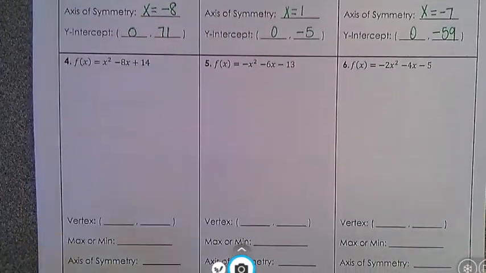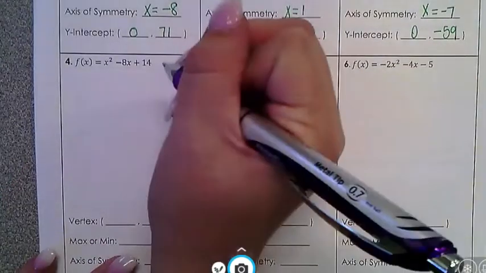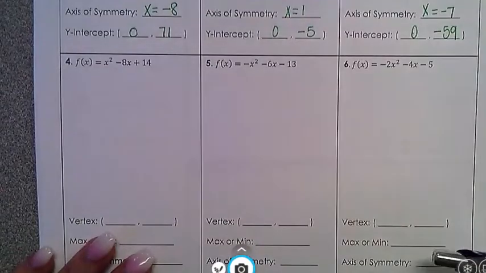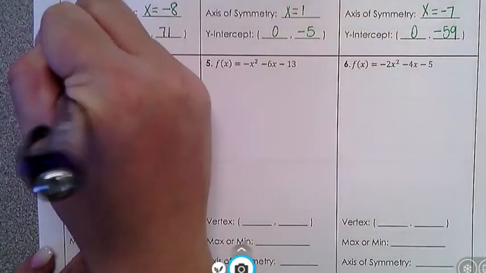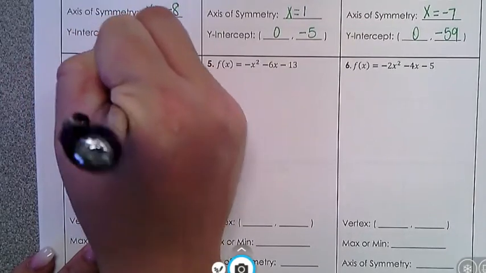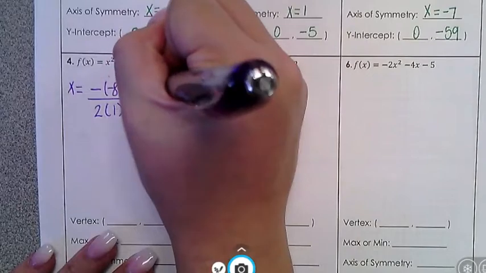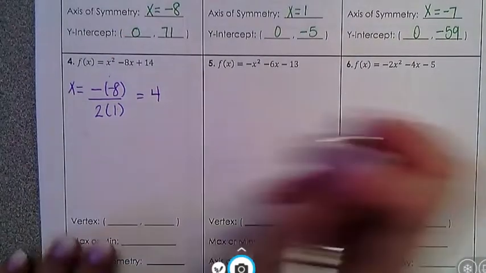Now I want you to try numbers 4, 5, and 6. I'm going to go through these fairly quickly. So for number 4, you should have got 8 over 2, which is 4 for your x.